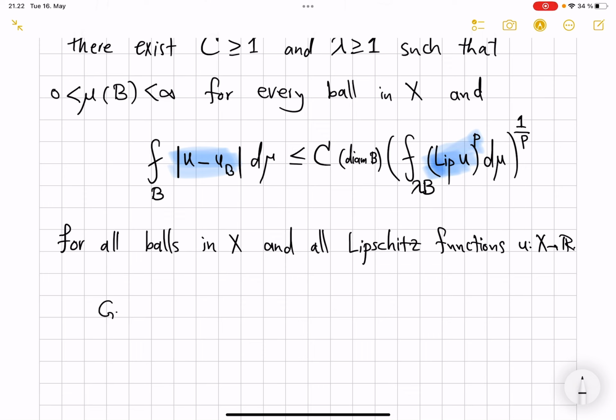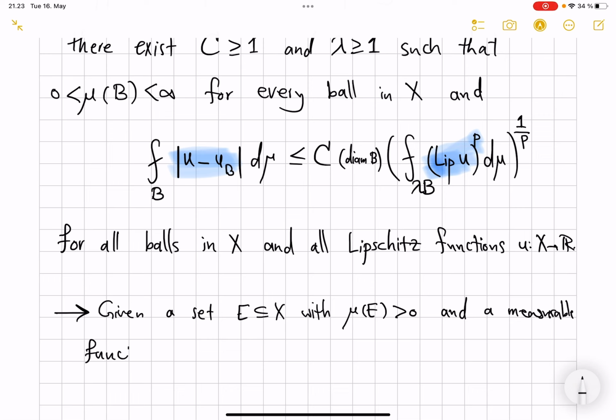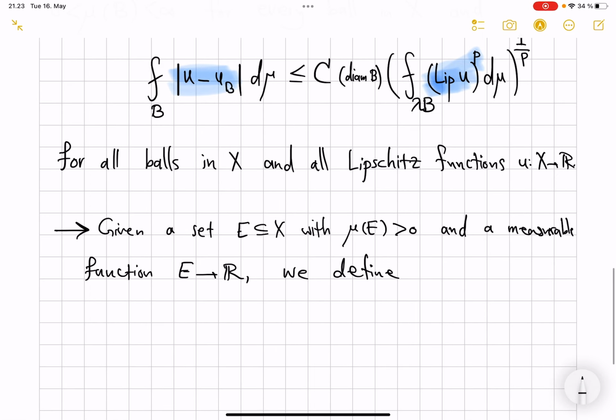So given a set E in X with measure of E positive and a measurable function, of course mu measurable, from E to R, we define the average value over E of the function G, to be the integral of G over E with respect to mu, and then divided by measure of E.